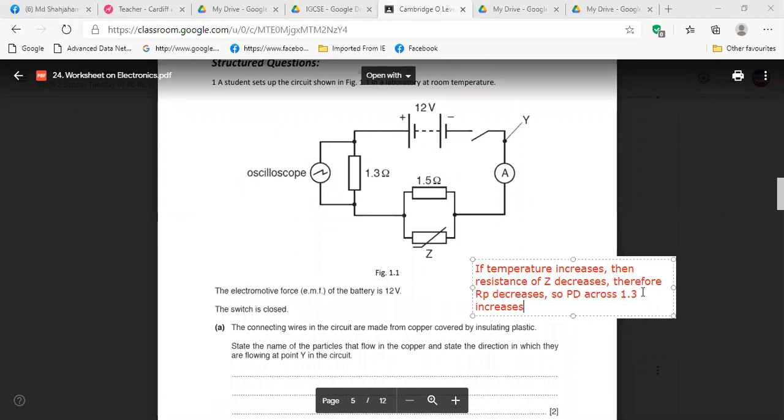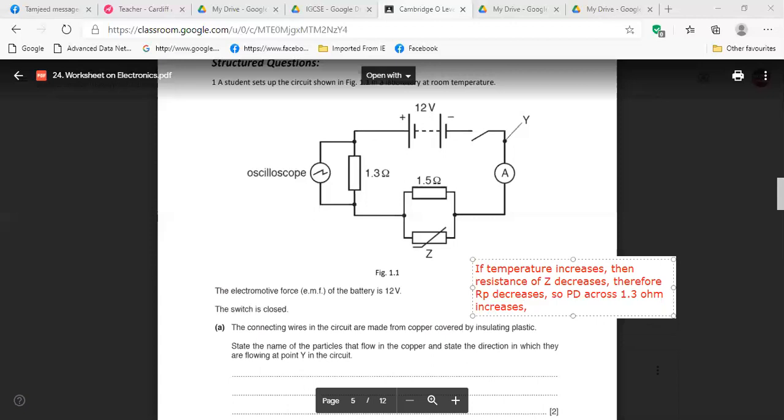Is it clear now? Yes sir. According to the potential divider rule, across the 1.3 ohm resistor, the voltage sharing will be more. So the oscilloscope will get more voltage, isn't it? Therefore, RP decreases.